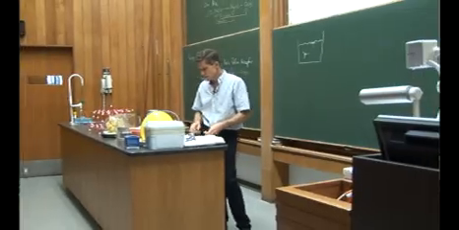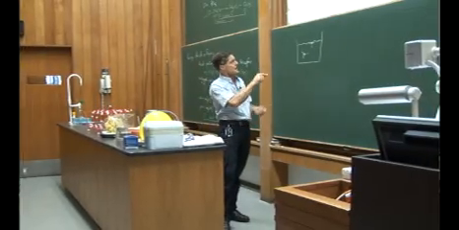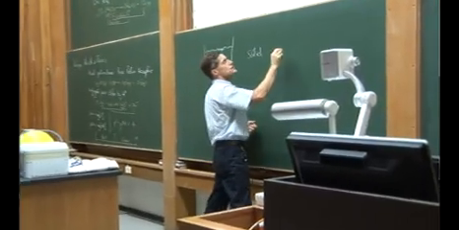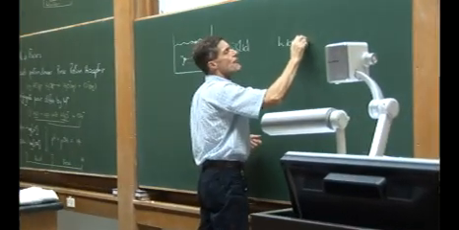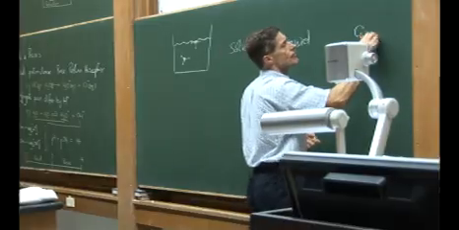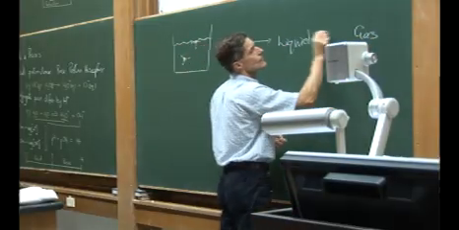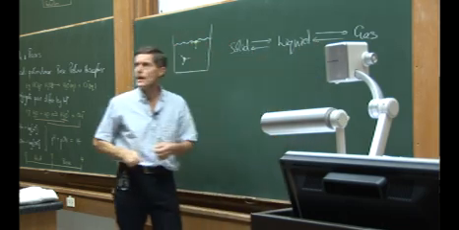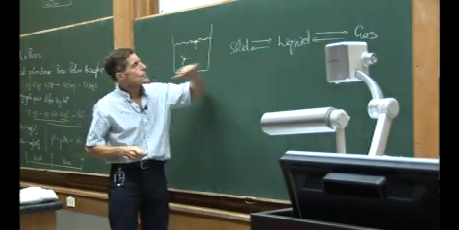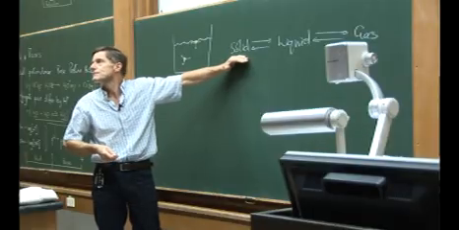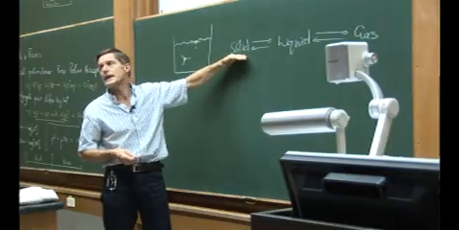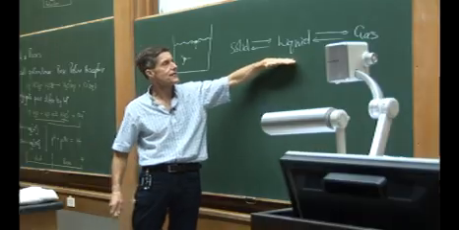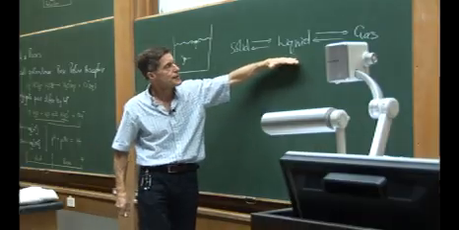But what I want to look at is actually what's happening when we go from a solid to a liquid to a gas and vice versa. Now, you're familiar with the fact that if you take a solid, let's say an ice cube, you've got to put heat in to melt it. And in the case of the ice here, it's going to be heat from the room.